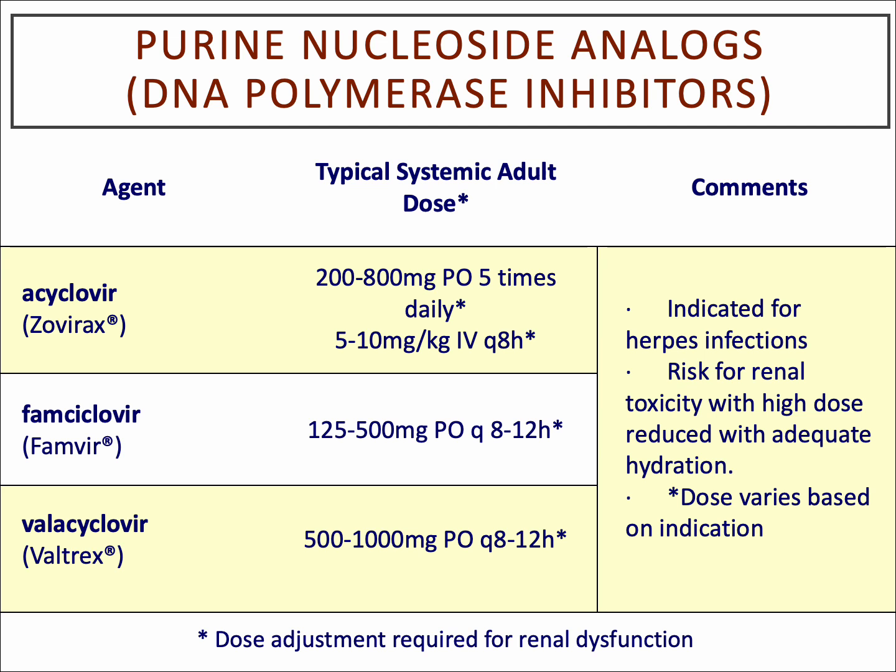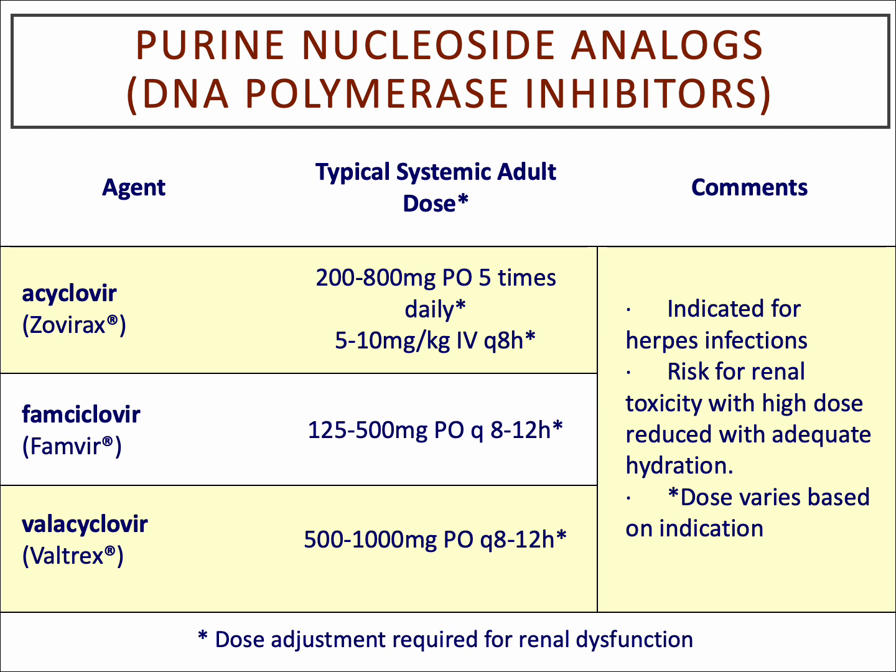And acyclovir has the advantage of being available in IV form as well as oral form. And for a herpes infection, for example, encephalitis in the CNS, we would actually use high-dose intravenous acyclovir, usually in that case a dose as high as 10 milligrams per kilogram every 8 hours.